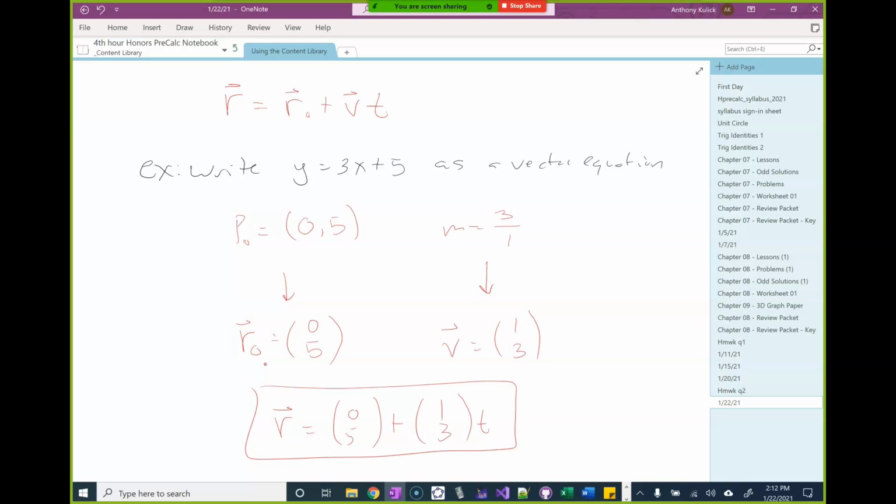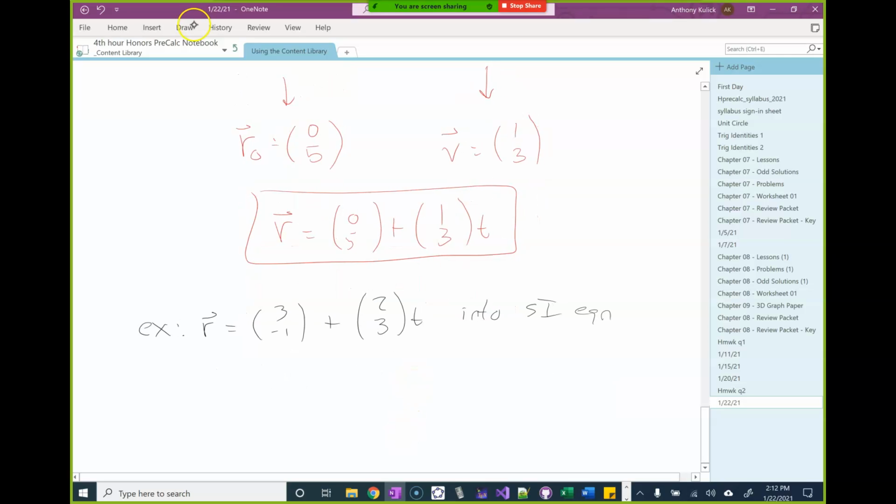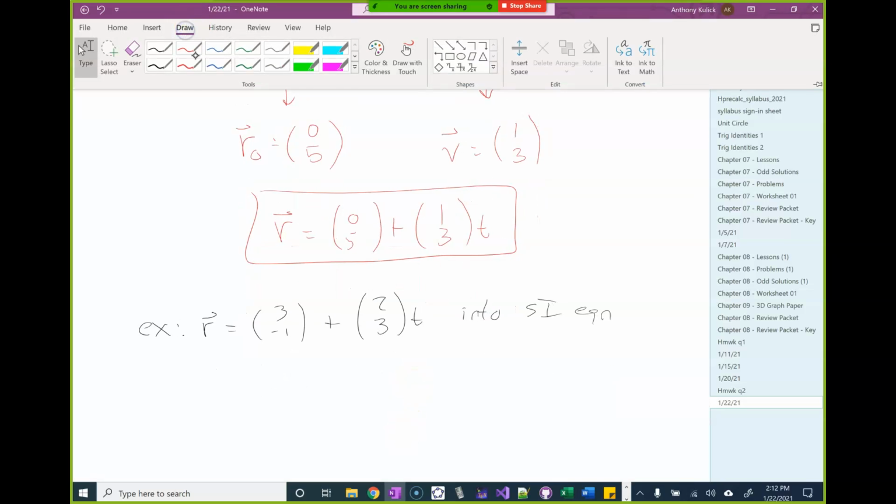So what if we wanted to go the other direction? What if we started with a vector equation and wanted to turn that into a slope-intercept form? Well, that's the point, 3, negative 1.